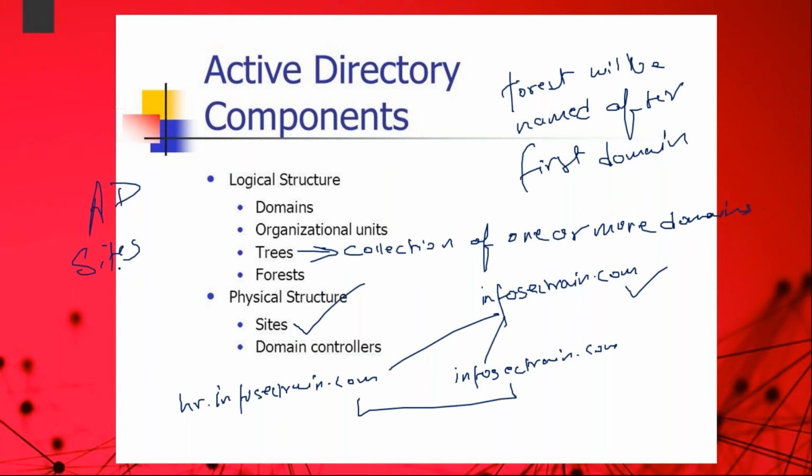It is a solution to geographically manage your Active Directory network without changing anything inside the logical structure of the environment. These are physical groupings of well-connected IP subnets, and they are used to replicate among domain controllers.